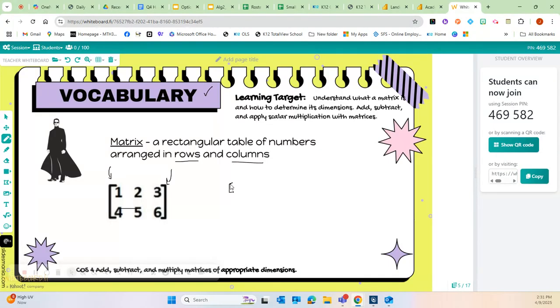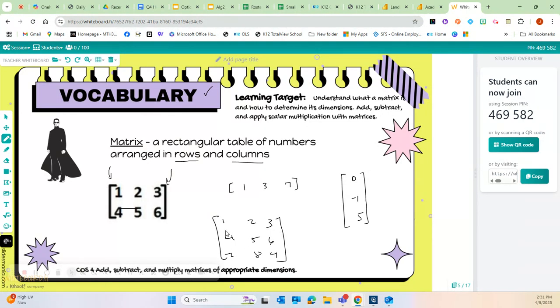Sometimes you just have one row. A matrix could look like that. It could have one column. It could have 3 rows and 3 columns. It could be like this.